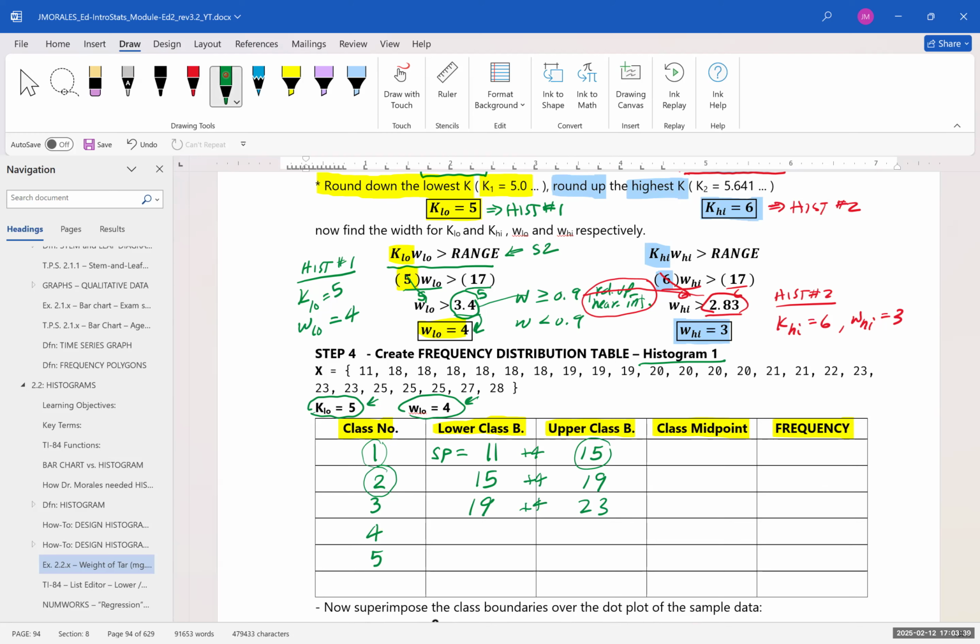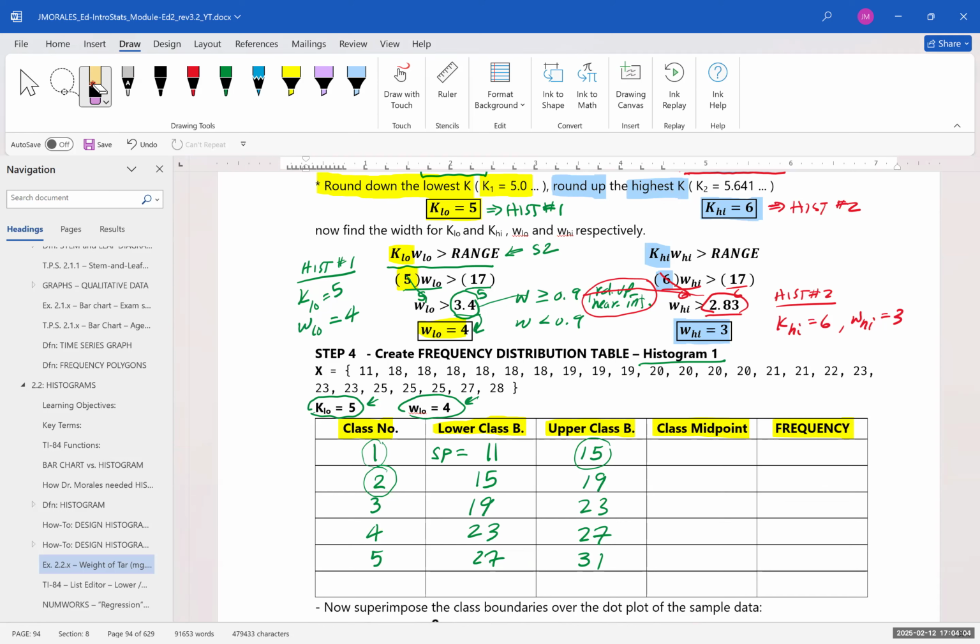So basically what you're doing is you're taking the upper class boundary number and you're just going down diagonally and putting it in there. Adding the width, which is going to be 27. Bring that down. Adding the width, and we got 31. All right.